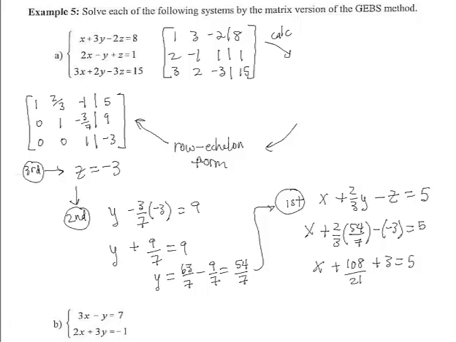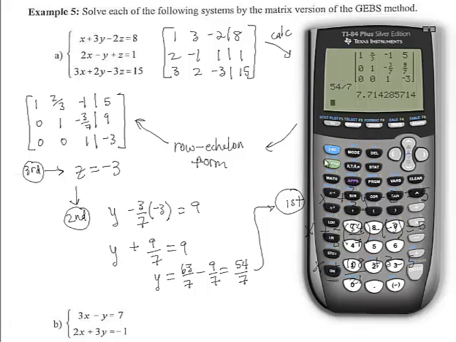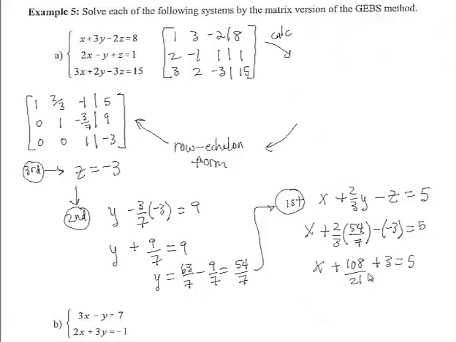So I don't want to get bogged down with the fractions. We've already used our calculator to do the matrix stuff, so I'll just skip over here, and what I want to do is solve this equation for x. And so what I'm going to end up doing is subtracting 108 over 21 and 3 from 5.